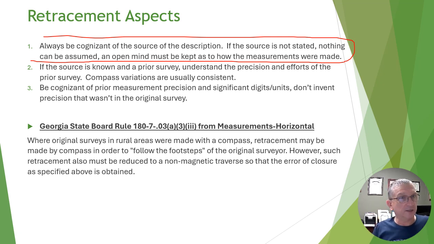If it looks like a good survey, but you don't know the source, still take it, trust but verify. We'll get into this more in boundary resolution, but usually you'll find if the previous description is based on an actual survey, or if you have an actual old survey. And let's say that because of all these various sources of errors and slope chaining and tape correction, you find a 100-foot line winds up being 99.2 feet long, and it's a short line, shouldn't have a whole lot of error.